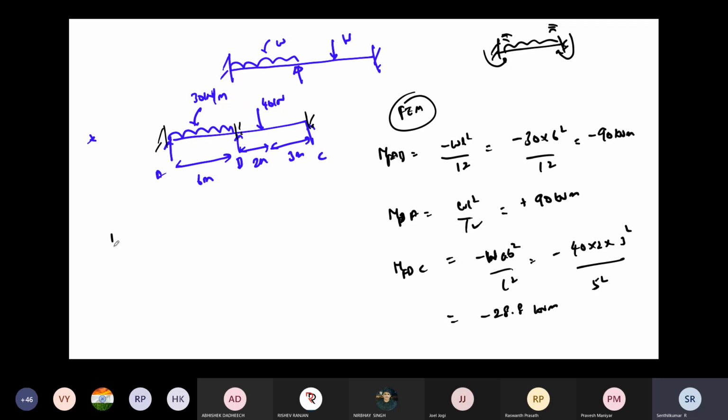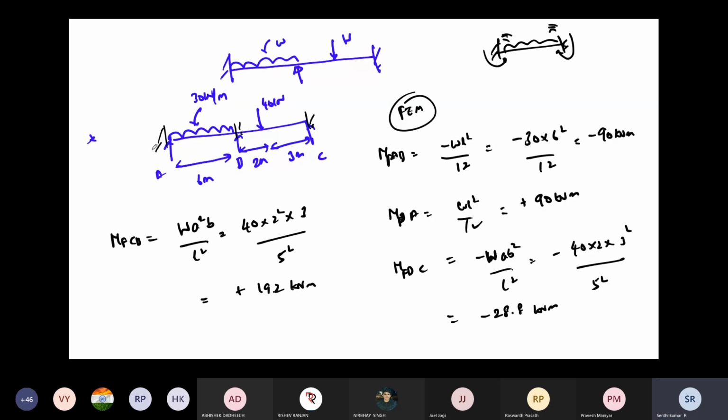Then again MFCB will be equal to plus W A square B by L square, 40 times 2 square times 3 by 5 square, which is equal to plus 19.2 kilonewton meter. So we just locked the supports and we found the moment. This is the first step.